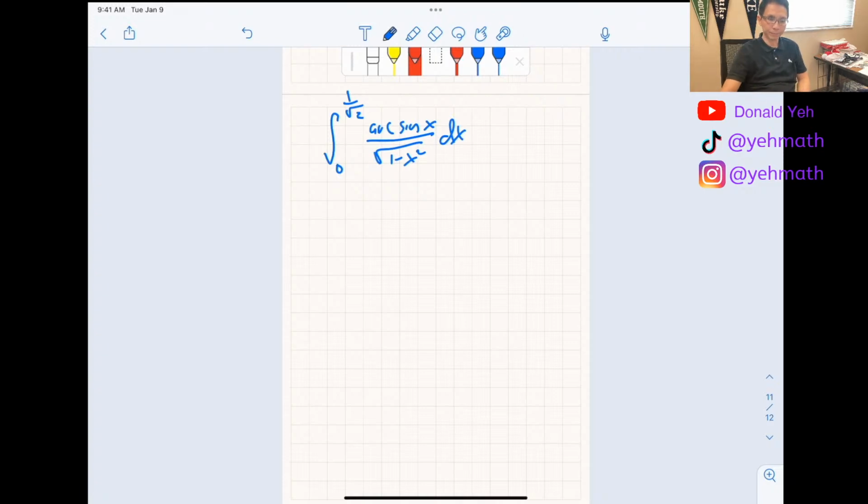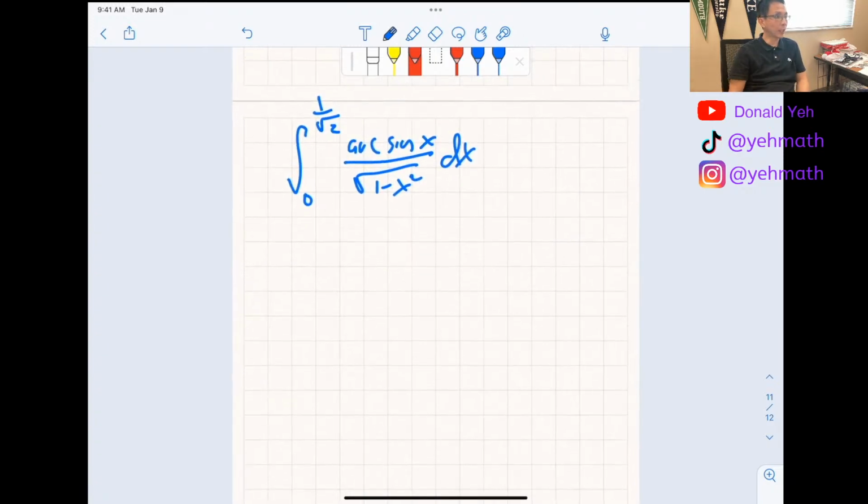All right. Do you guys see the trick? Not really? The square root of 1 minus x squared. Cairo's on a roll today. So what's du? Think about it. What's du?